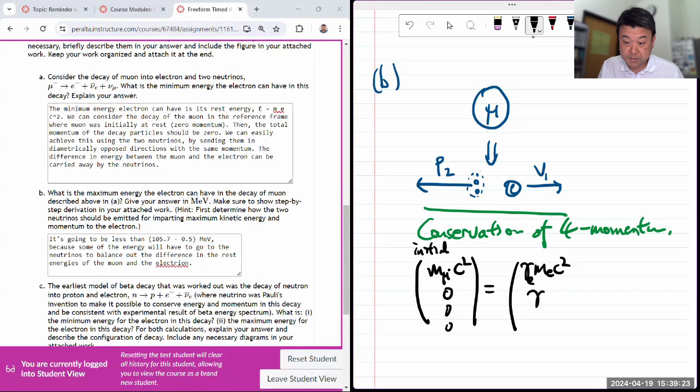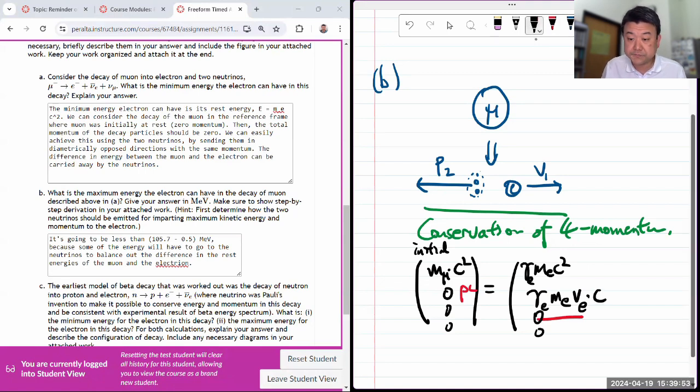The momentum is gamma_e m_e v_e, and by convention these components are written as pc, so I need a c. The rest will be 0.